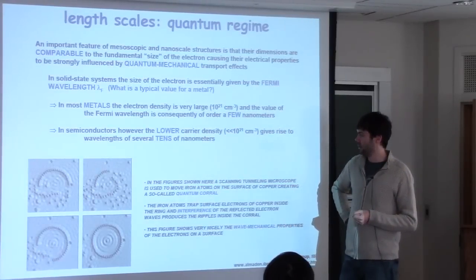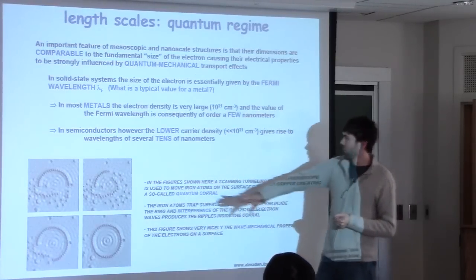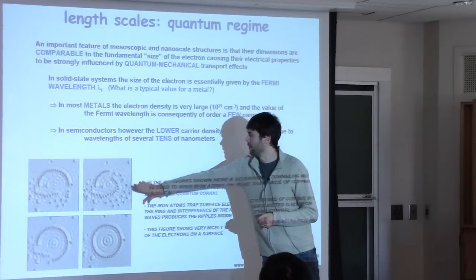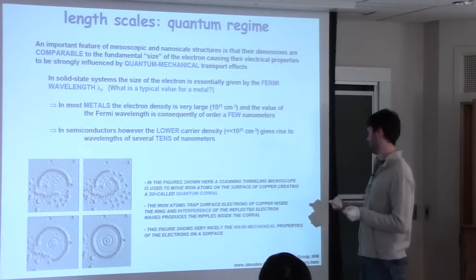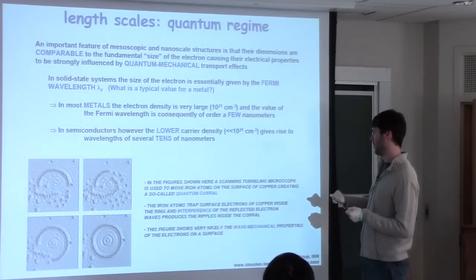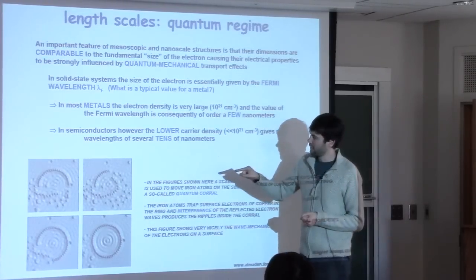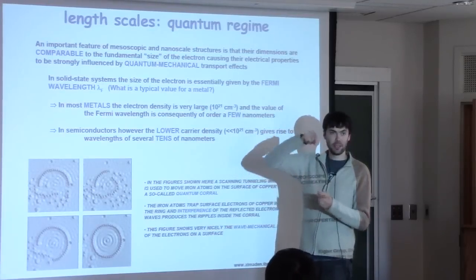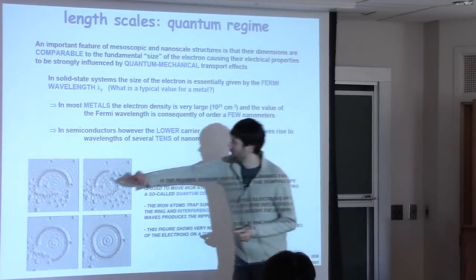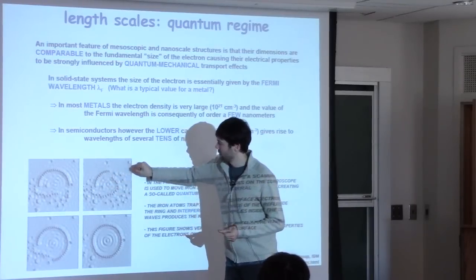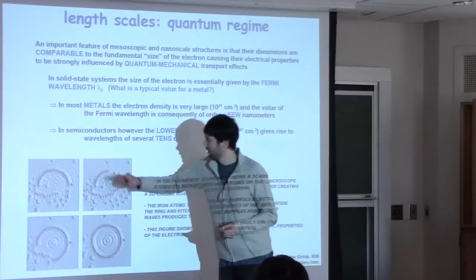It is a surface of a metal. The metal is copper. And what they did here is they picked individual atoms of iron and put them on the surface. You can see how they constructed it.